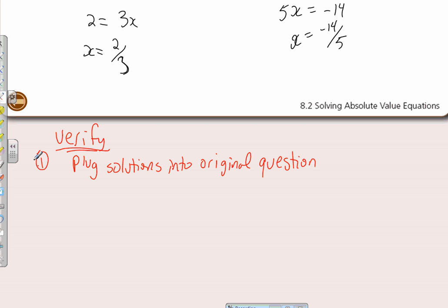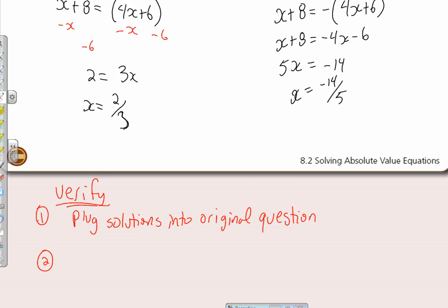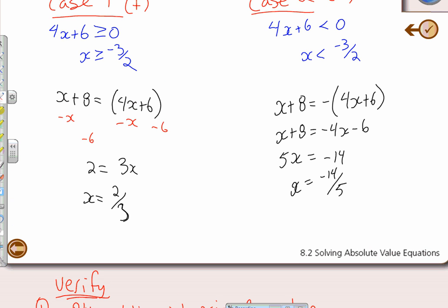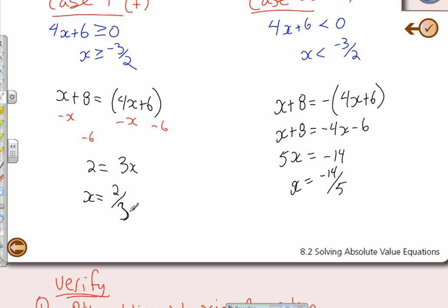Method number two is just to evaluate it based on what we said up at the top. Is the x value greater than or equal to negative 3/2? If that's true, this is a solution. If this is less than that, then that one's true as well.